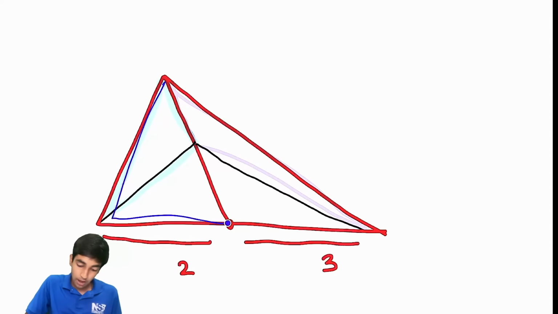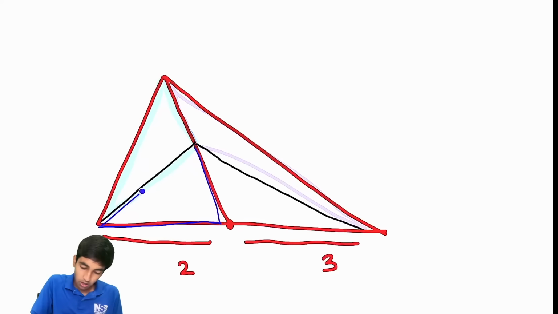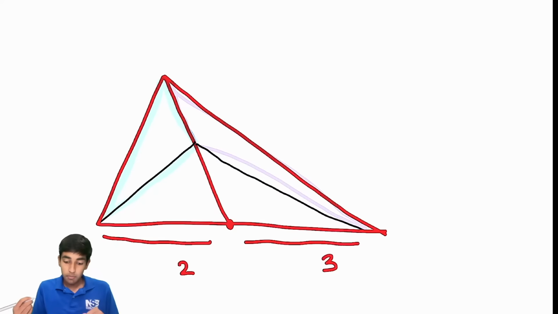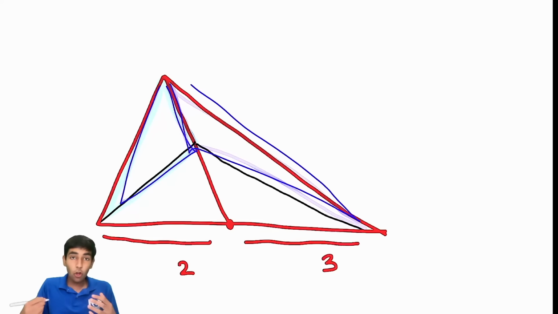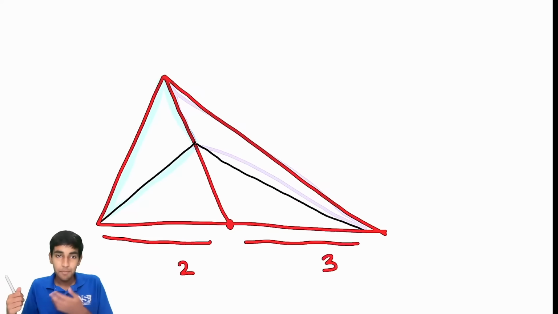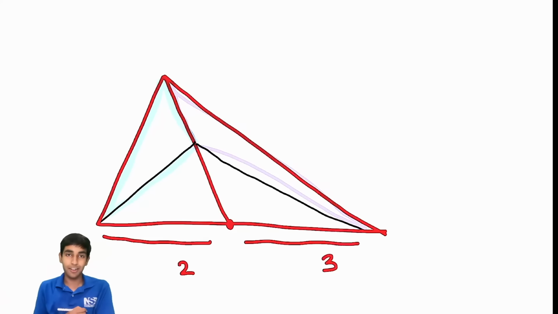Notice how we earlier found the ratio of this triangle to this triangle was 2 to 3. And by similar logic, because these two triangles share the same altitude, the ratio of this triangle to this triangle is also 2 to 3. So that means the ratio of this triangle to this triangle must also be 2 to 3 because of the subtraction. So that's a very powerful thing to keep in mind. And oftentimes you can use area ratios to find side length ratios as well. So always remember that this implies area ratios.